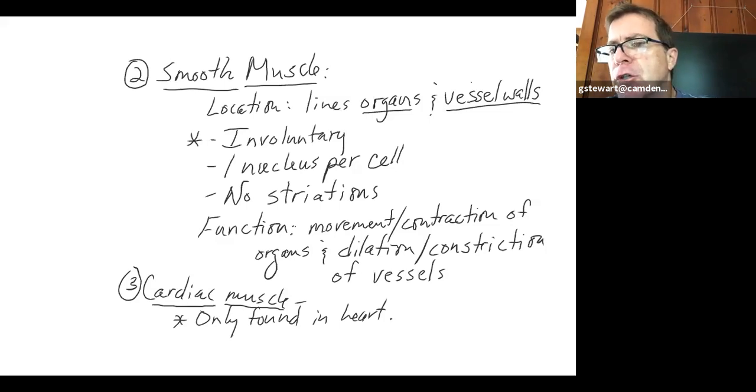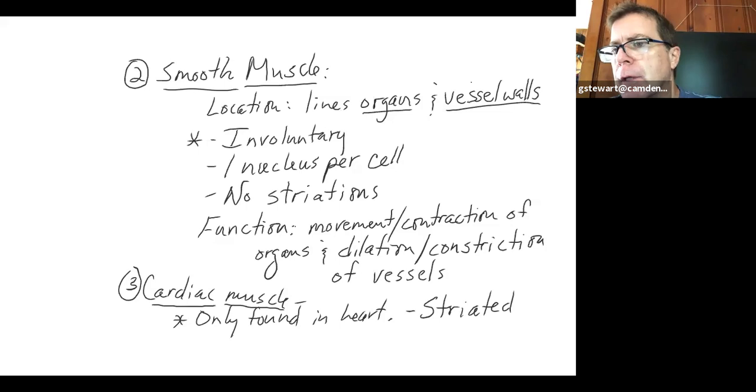This tissue is striated. I'm going to have to go horizontally here just to fit it in. So the cells are striated. That means they have those stripes when we look at it under the microscope. That's from overlapping myofilaments. You'll learn that when we talk about muscle tissue in detail. So like skeletal muscle, the cells have those stripes. It is striated. But like smooth muscle, this tissue is involuntary.